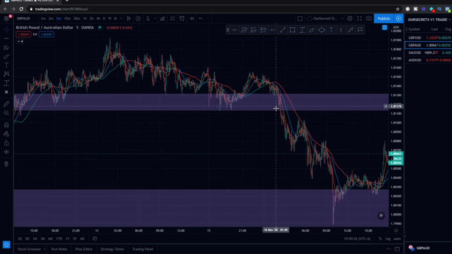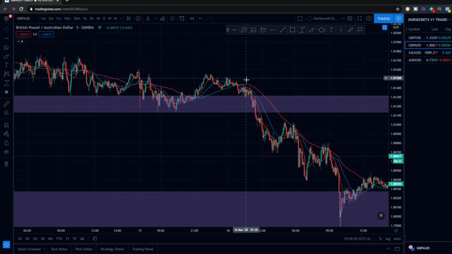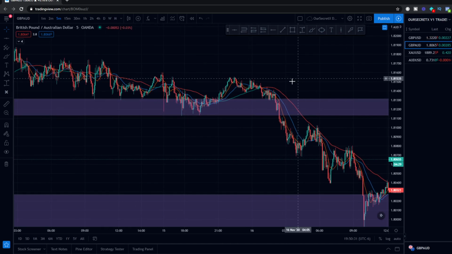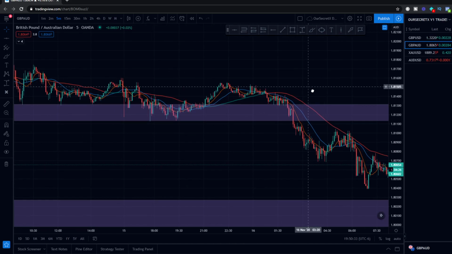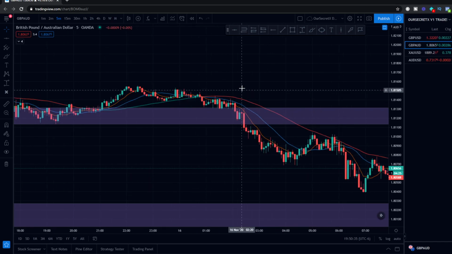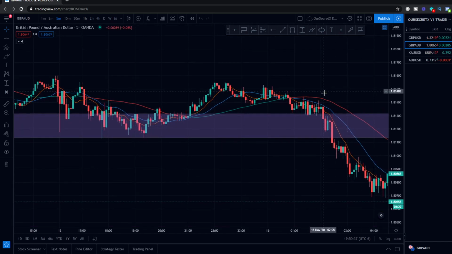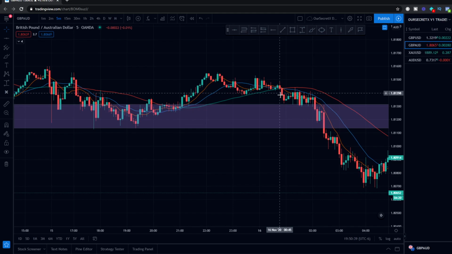All right, so how does this strategy work? The Solo X strategy only works when you get a crossover from all 3 moving averages, and then once you get that crossover, you have to wait on an engulfing candle to hop in a trade.